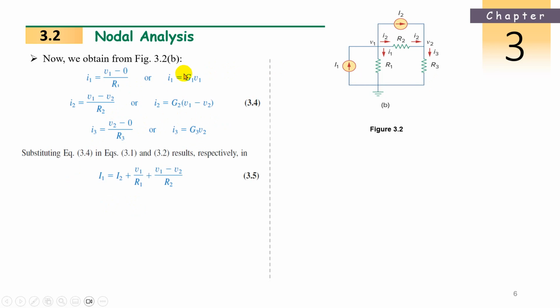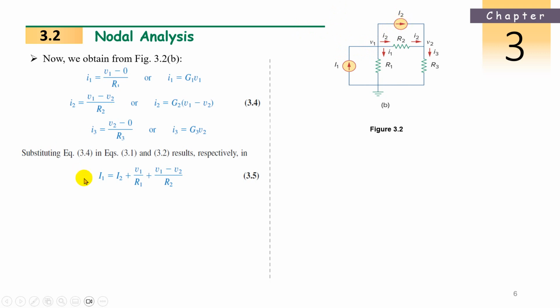Same thing. Now substitute these Ohm's law values into the two Kirchhoff equations: first node Kirchhoff's current equation, second node Kirchhoff's current equation. For the first node, what we wrote in the previous slide, I1 is equal to small I1 plus small I2 plus capital I2.